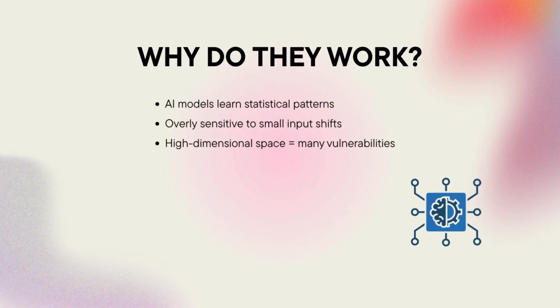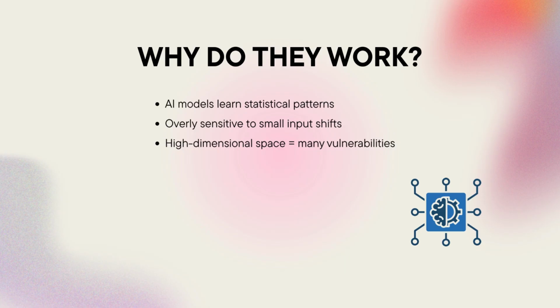The reason adversarial examples work lies in how AI models, especially deep neural networks, process data. These models don't see objects the way humans do. They rely on complex statistical patterns across thousands or millions of dimensions.